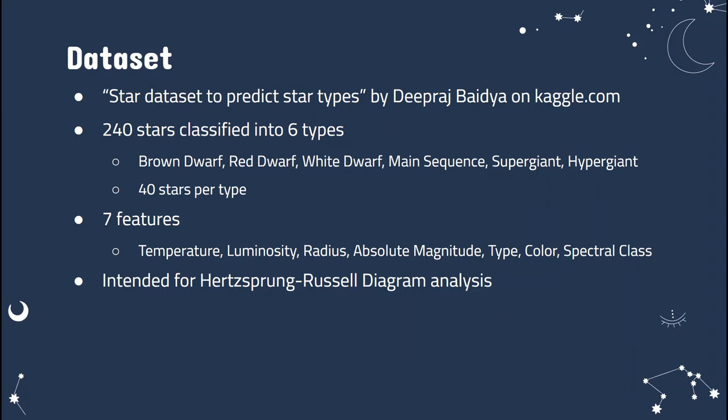The dataset was initially designed for use with the Hertzsprung-Russell diagram, which is a technique for identifying stars, and it just shows that that technique is valid.